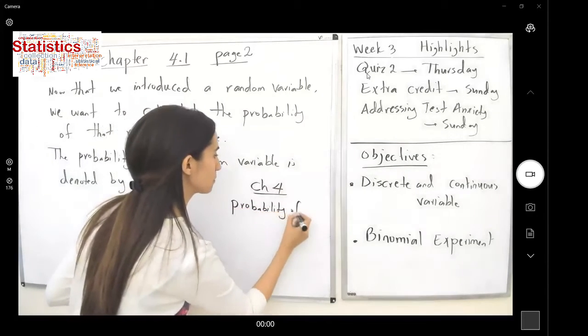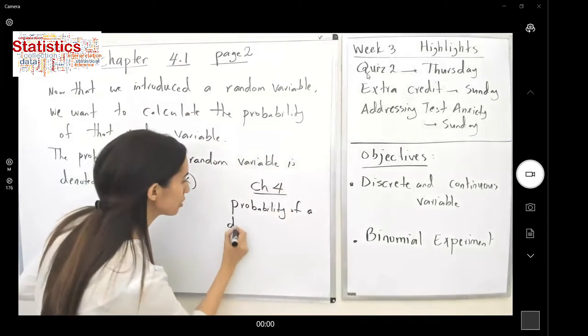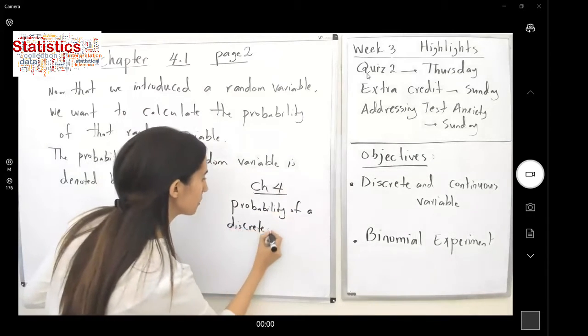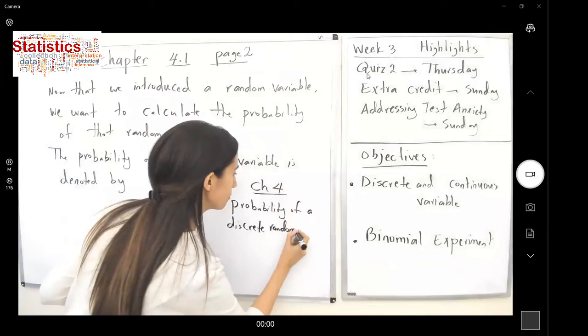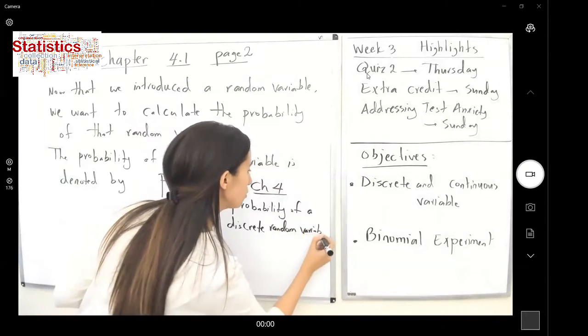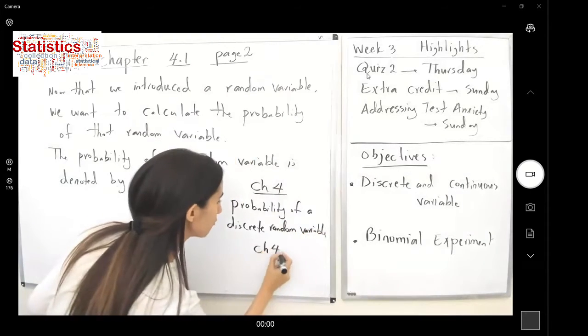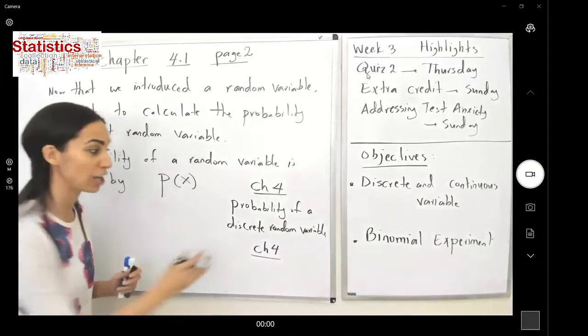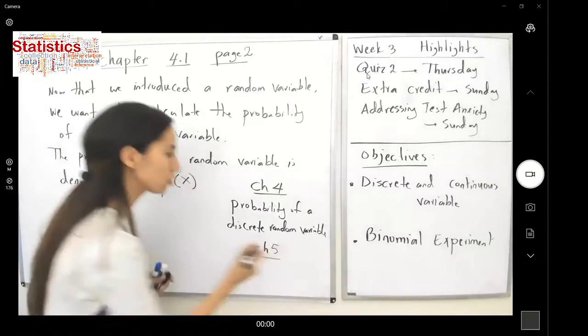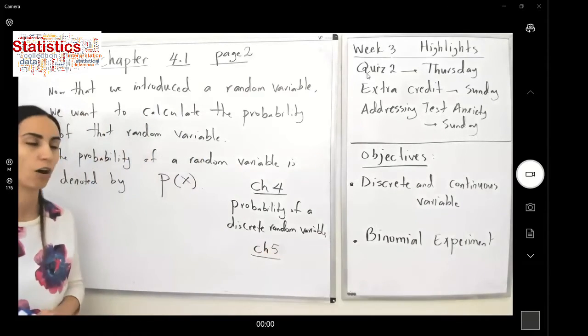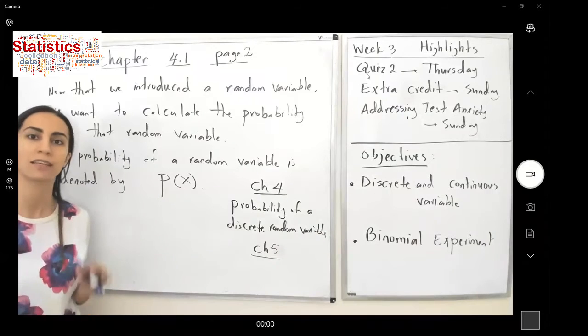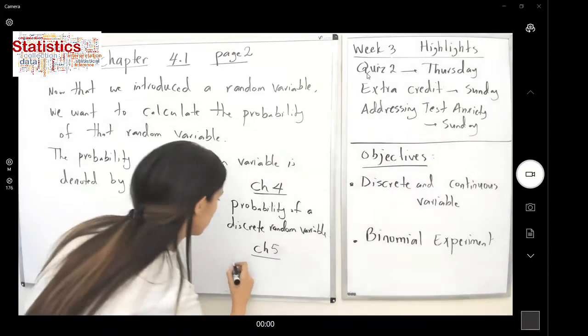And in chapter 5, we're going to talk about probability of a continuous random variable.